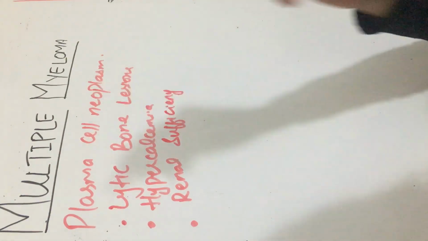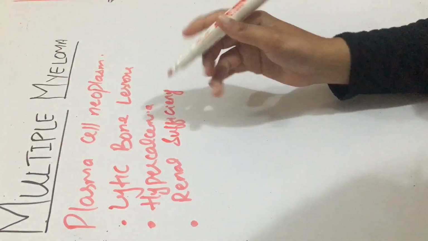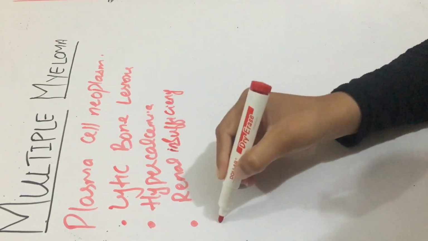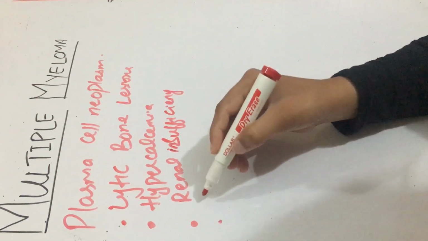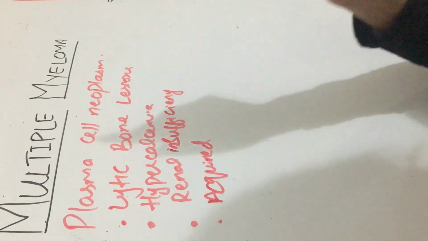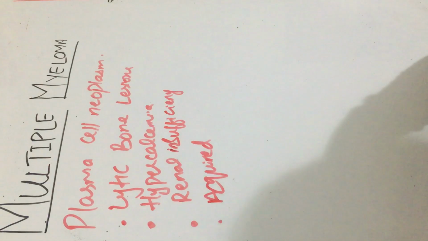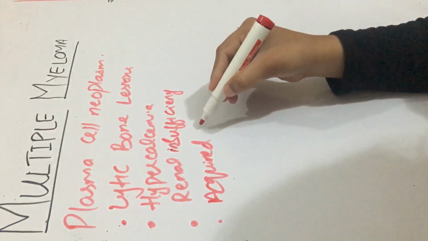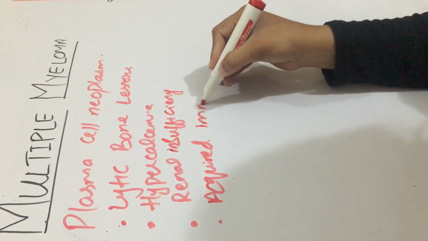Due to the effect of those immunoglobulins, there would be renal insufficiency as well. And the fourth, there would be acquired immune abnormalities due to the decreased production of normal immunoglobulins.